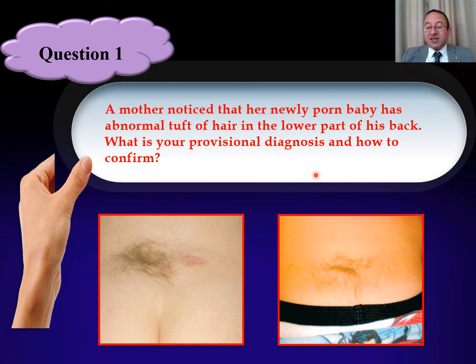What's your provisional diagnosis and how to confirm? It could be noticed in a young baby or in an older boy. It could be noticed at any time all over our life. What's your provisional diagnosis and how to confirm?